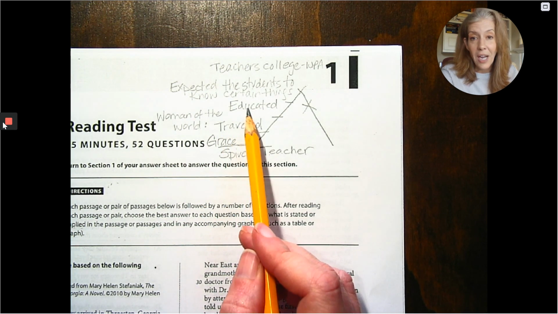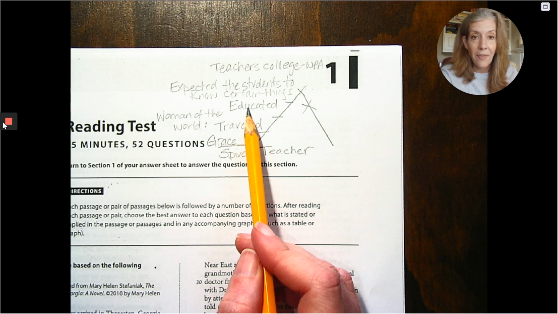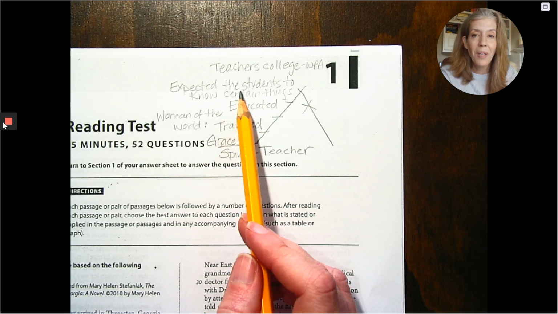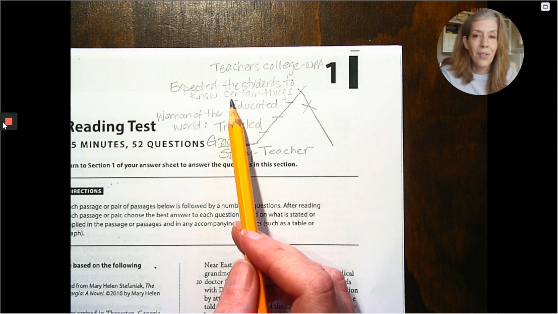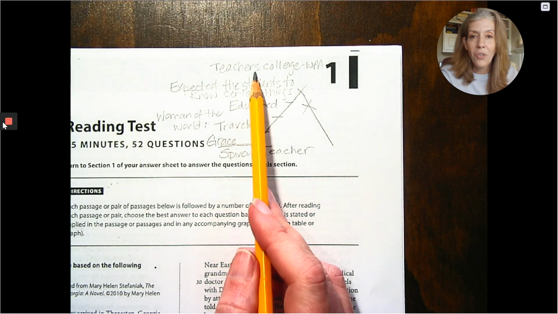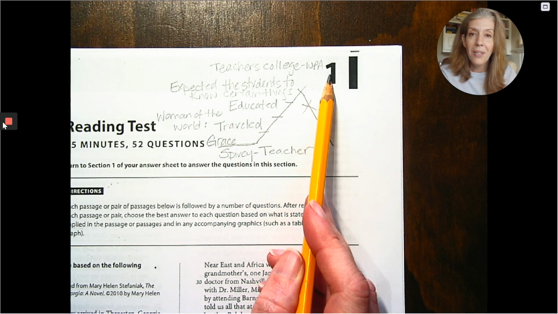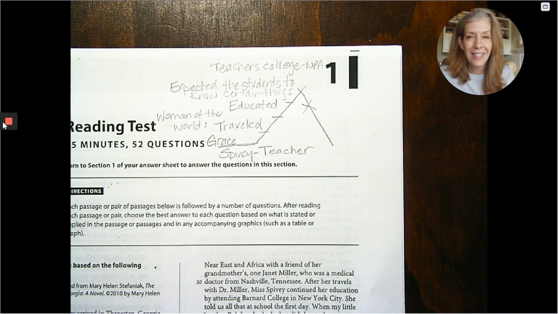She seems very educated, having attended several different schools. The main thing that I got from the passage was that she expected the students to know certain things. For example, Barnard College and what camels were. She felt inspired to become a teacher. She enrolled in the Teachers College and then went directly to the WPA, who placed her in 3-Step Georgia.